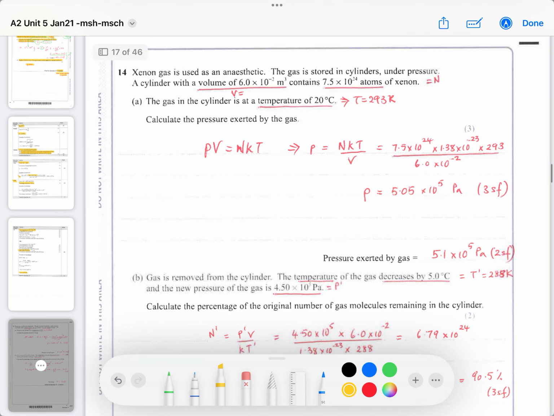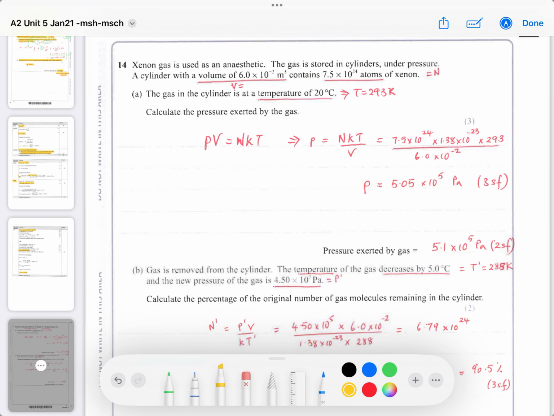So here's question 14. Xenon gas is used as an anesthetic. The gas is stored in cylinders, under pressure obviously. A cylinder with a volume of 6.0 times 10 to the minus 2 meters cubed, containing 7.5 times 10 to the 24 atoms of xenon.